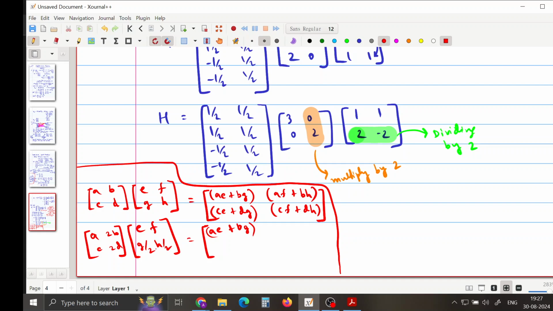Because this 2 and half gets cancelled out, and this second term would be this, and this is CE plus DG, and similarly this is CF plus DH. You see, they are the same. So this makes sense. My product remains unchanged. So this is what I am doing.